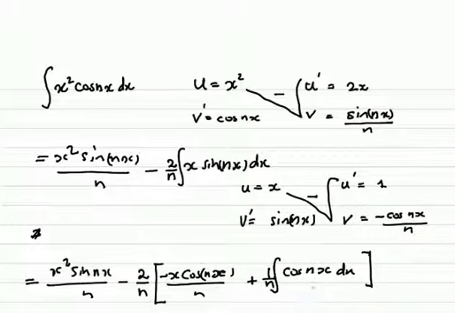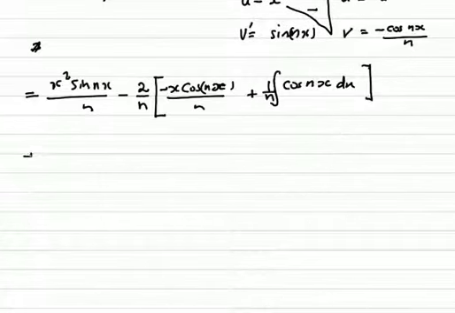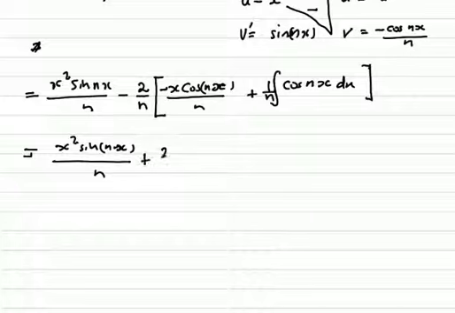You can integrate simply. Then our final integral will look like x squared sine nx over n. Now removing the brackets, minus and minus will give us a plus. Then we've got 2x cosine nx all over n squared.